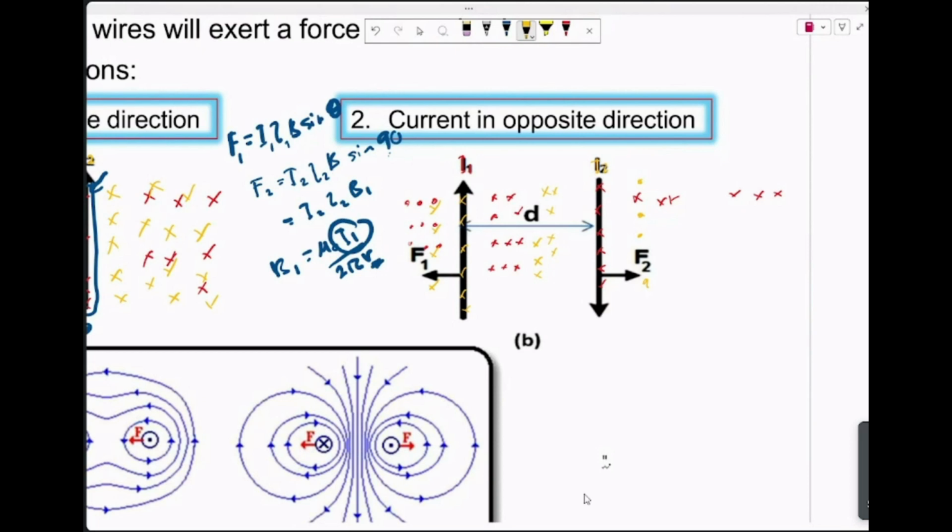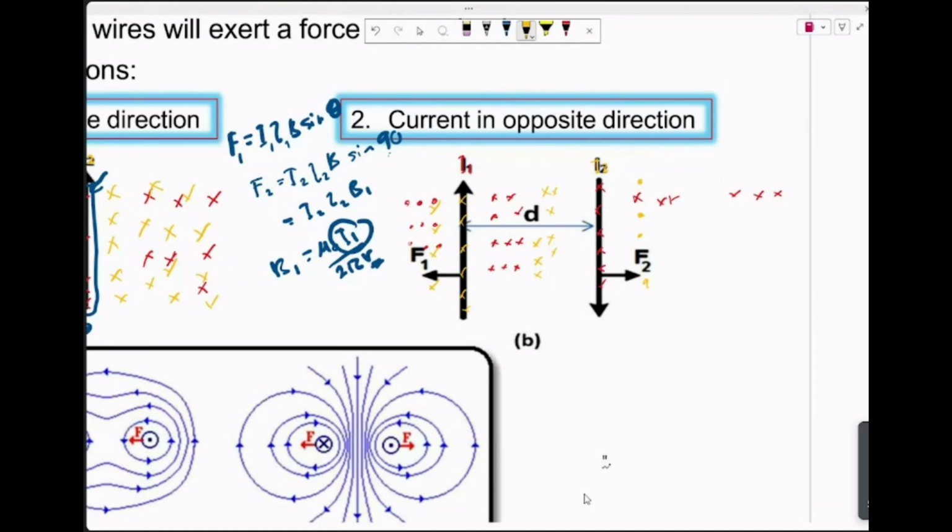Once you're ready, you bring out your middle finger in such a way that it is perpendicular to your index finger. That is comfortable. Don't break your finger. Then you can rotate your hand, your palm, while maintaining pointing towards the direction of the magnetic field.